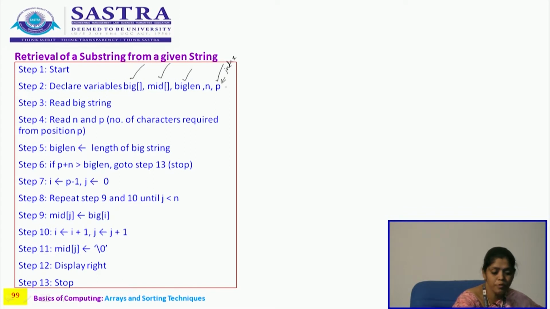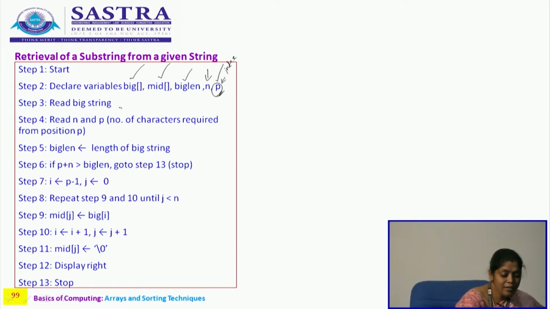The user will only be giving the position, so we must be able to calculate the index for that position. If the user gives p as 1, then we must understand the index is 0. And from that position, how many characters they want is what we get in the variable n.